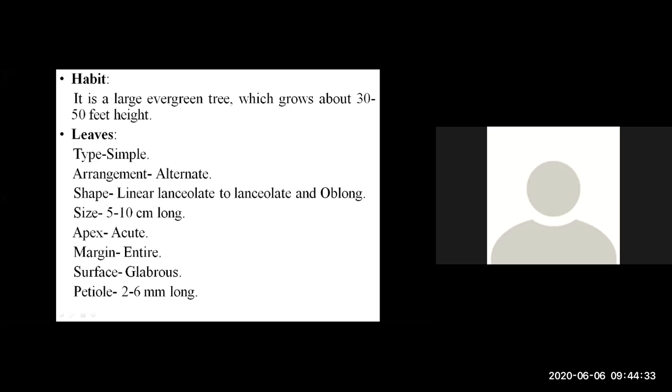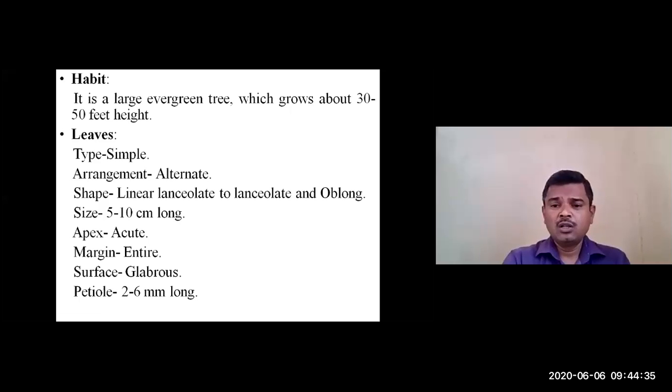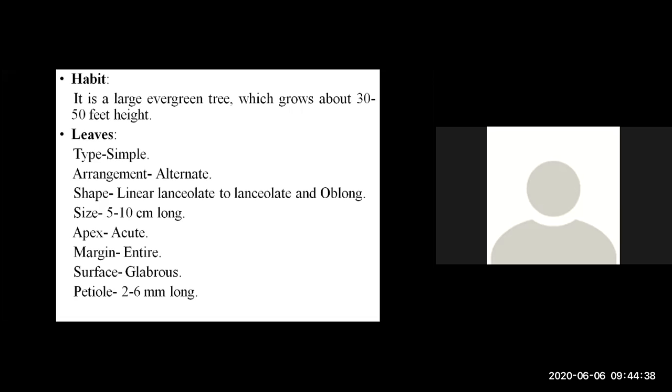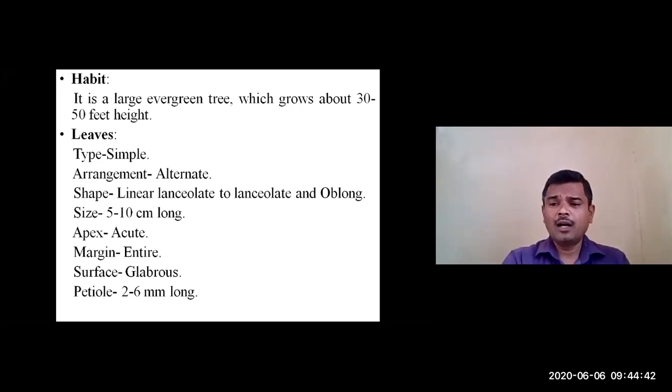If the length is 3 to 4 times more compared to the width, then it is considered lanceolate and oblong. That is, the margins of the lamina are parallel, so based on this character you can say lanceolate or oblong.